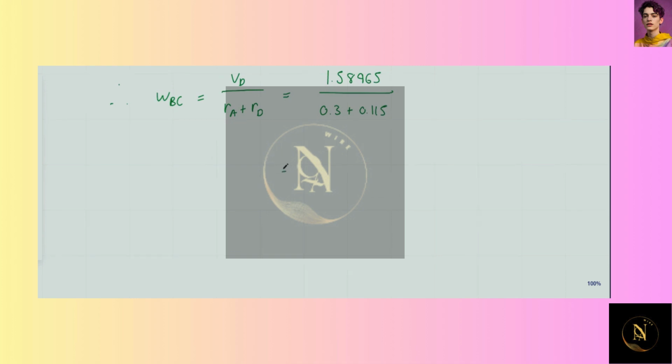And so we get WBC to be 36.6 revs per minute clockwise. And similarly, our angular velocity for A is equal to 16.87, again in revs per minute, and this is in the opposite direction, that is anti-clockwise.